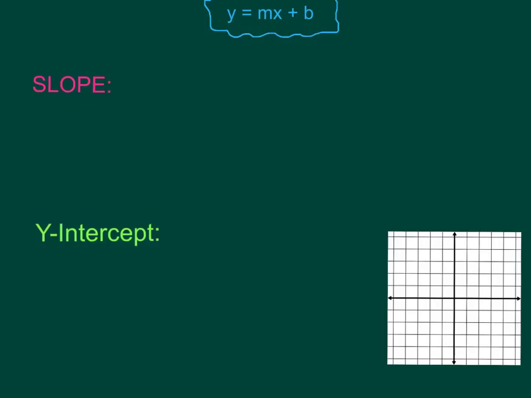And the reason that I wrote it is because when we refer to slope, we give it the variable m, and then when we refer to y-intercept, we give it the variable b, and that will always correlate back to this equation, y equals mx plus b.